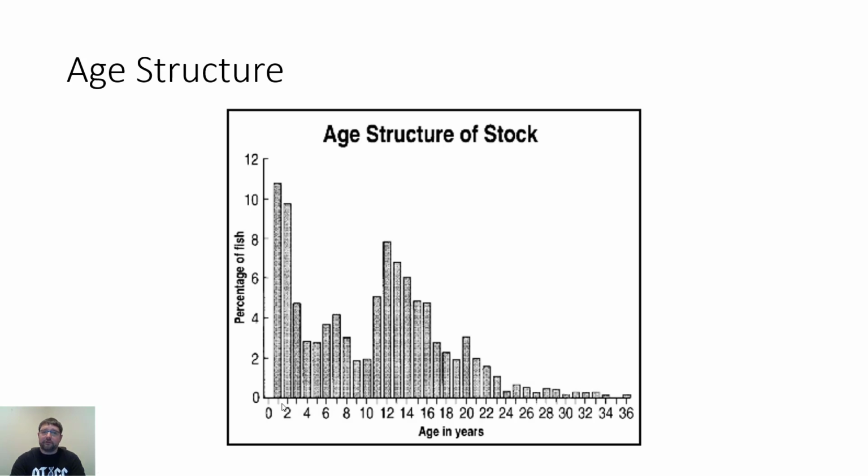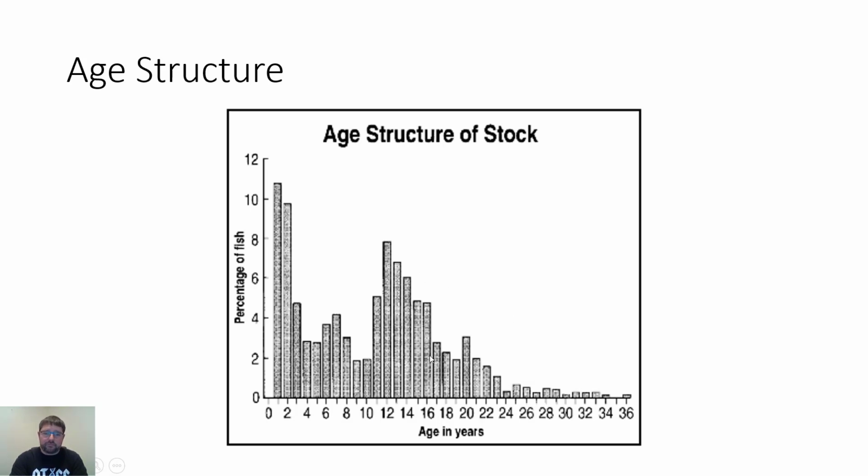Now, this might not just be fish. It might be the same thing if we're looking at birds, mammals, amphibians, or reptiles. The reason why I chose fish to discuss this graph is because fish live for a long period of time, so 36 years or something like that.